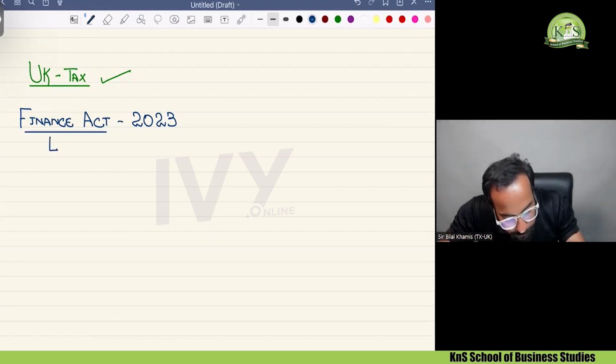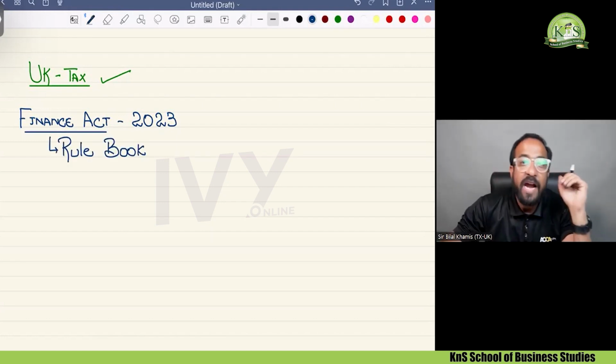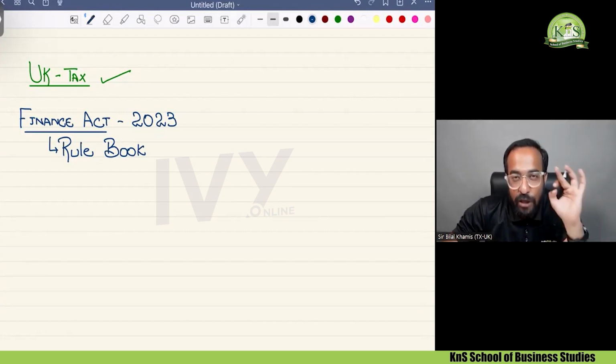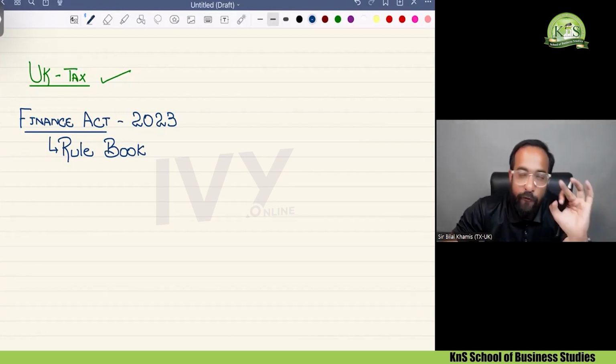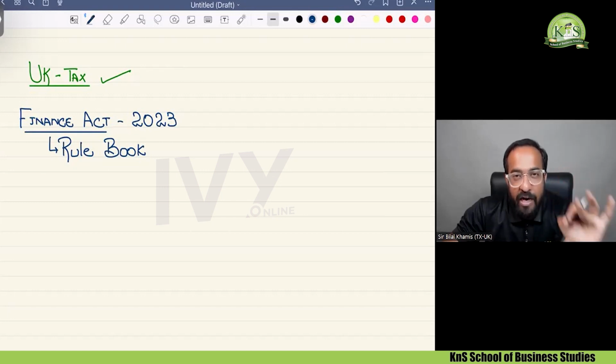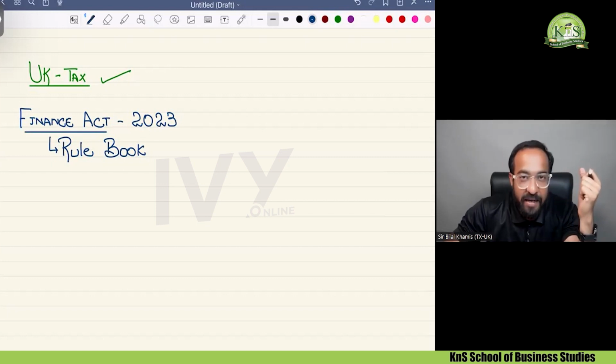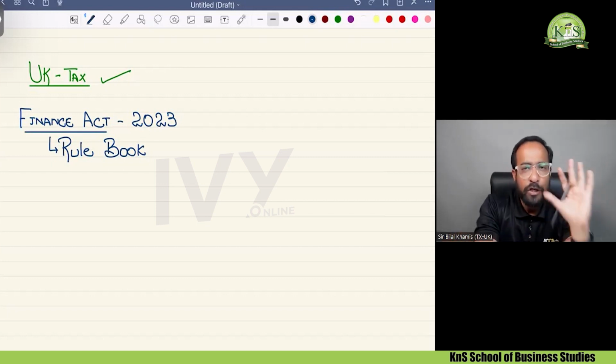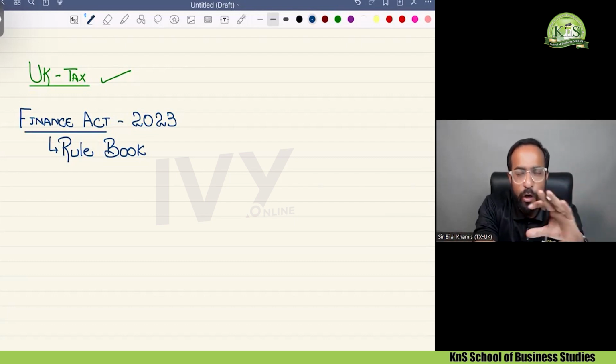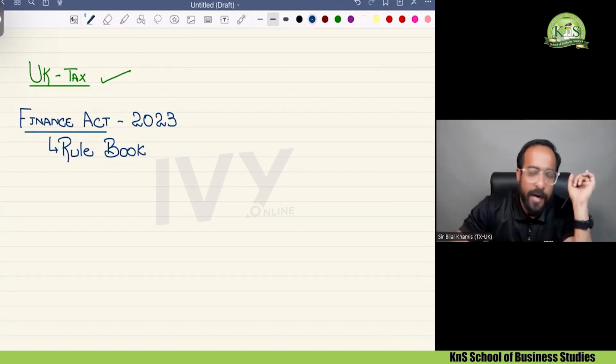It is a rule book created by the tax authority, in which every rule regarding tax is written: the due dates, the deadlines, how to pay tax, who will pay tax, at what rate a person or a corporation will be paying tax. This is a rule book which you will have to follow throughout your study, right?